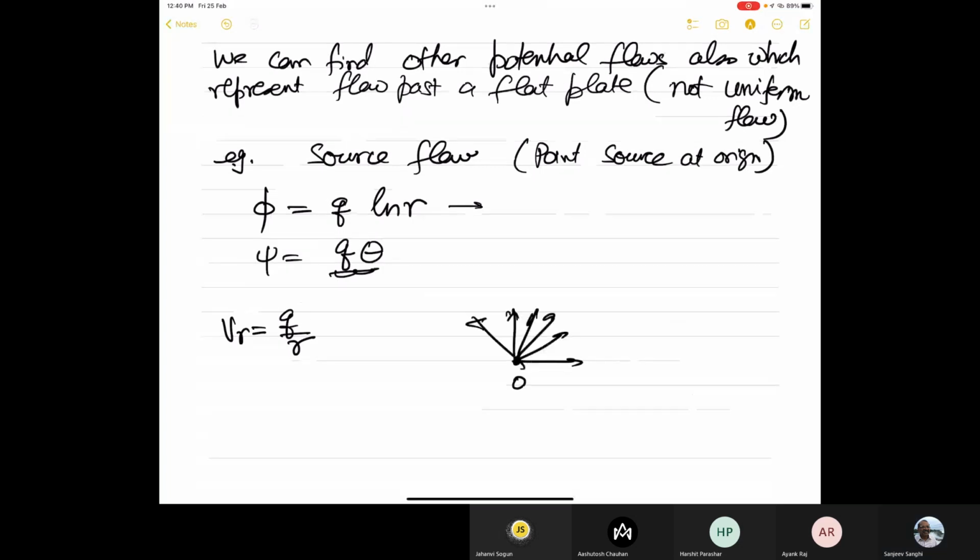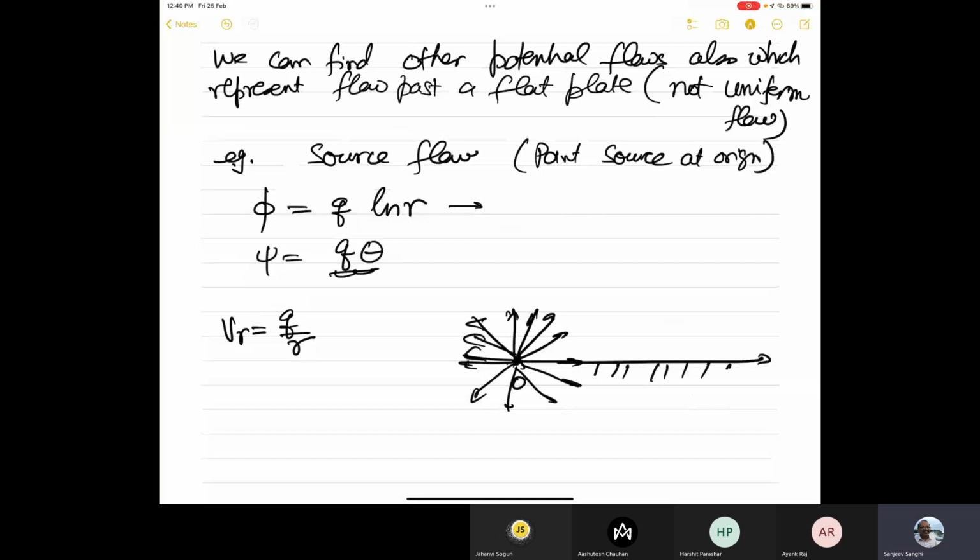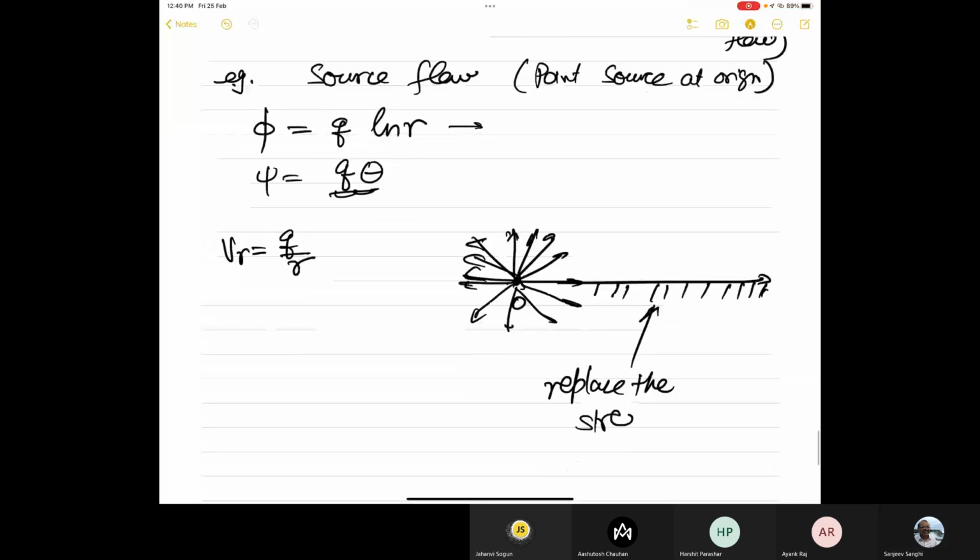These will be the different streamlines. So what we can do is, there's a streamline like this. I can replace a part of this streamline, the streamline y equal to 0, by a solid body.